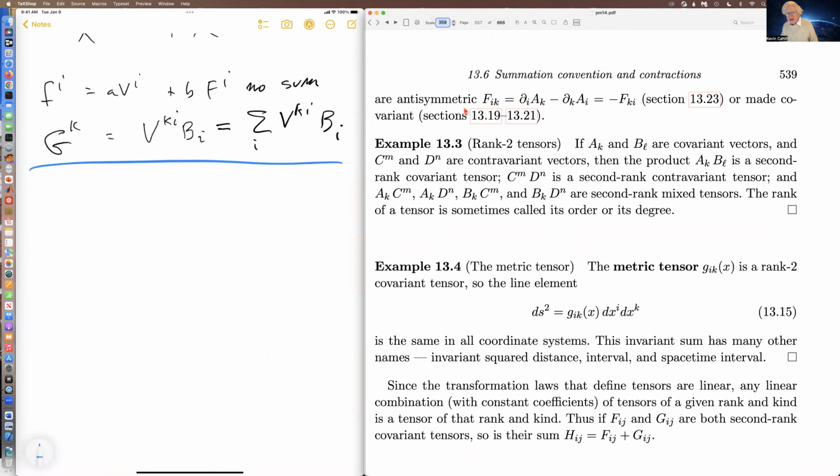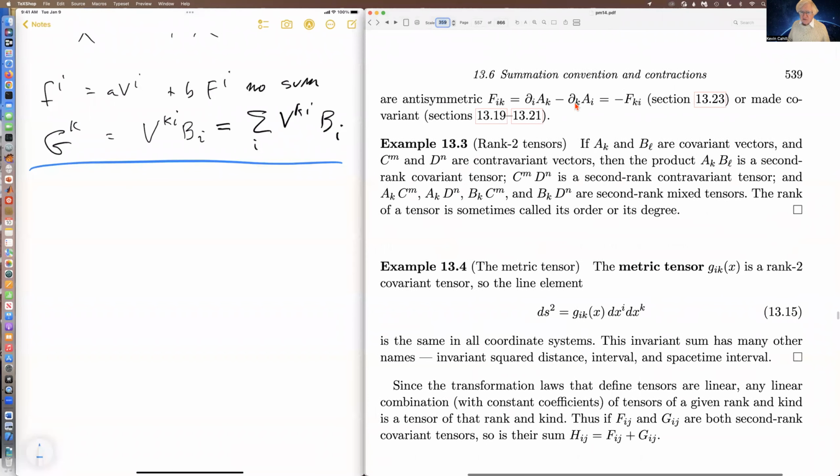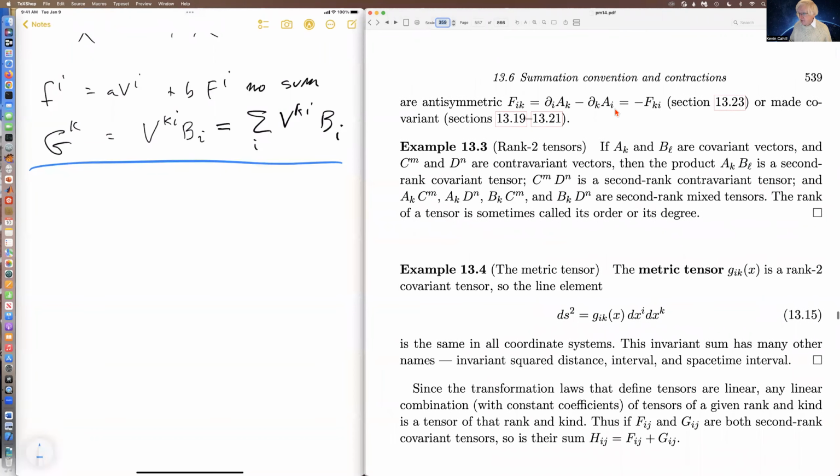There's an exception to that. If you differentiate in an anti-symmetrized way, you get something that is a tensor. And so this is the Maxwell tensor of electrodynamics. It's the ith derivative of the kth component minus the kth derivative of the ith component.